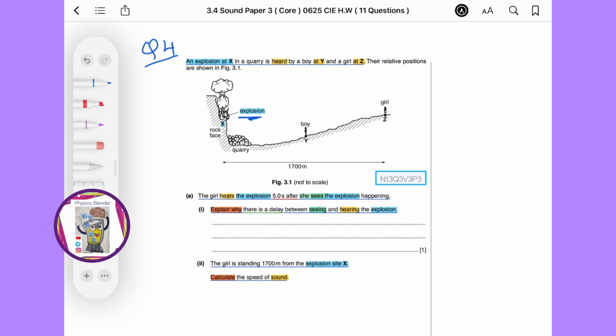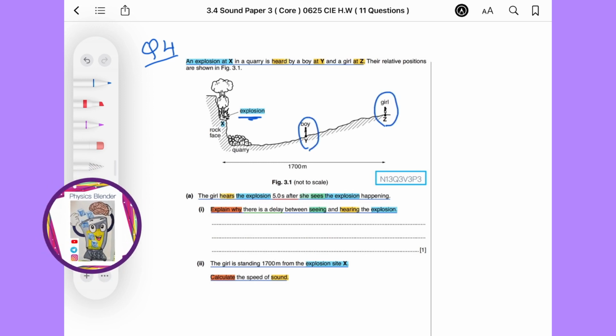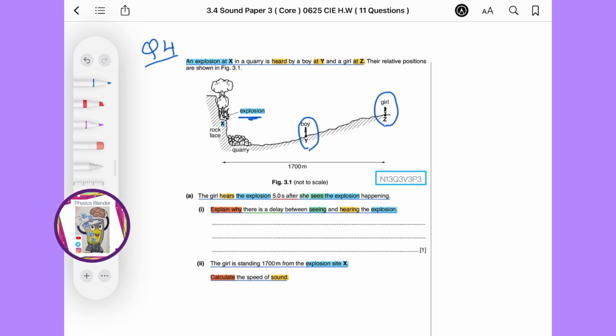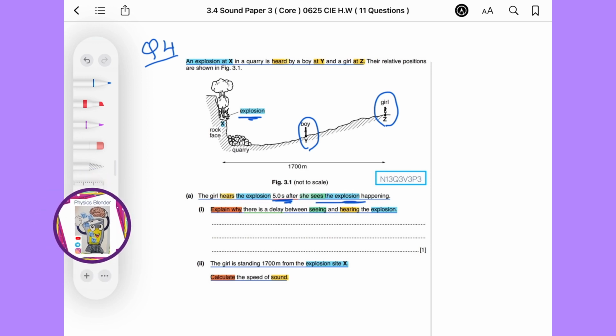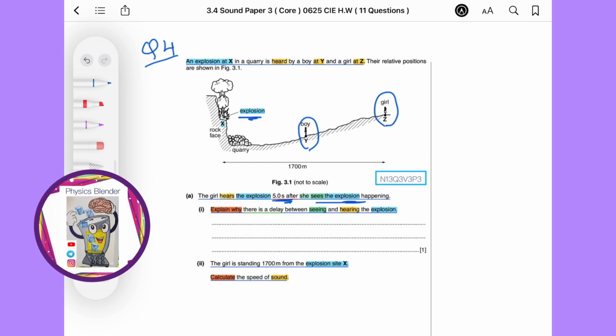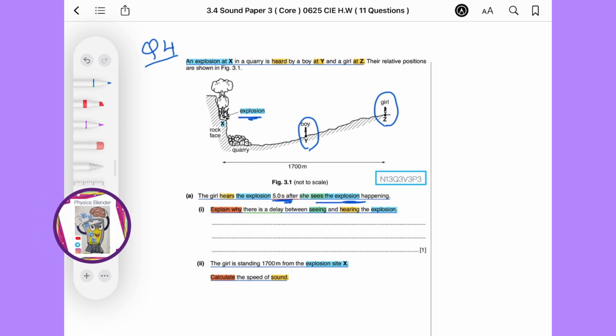We have here a girl and a boy. The girl hears the explosion 5 seconds after she sees the explosion happening. Explain why there is a time delay between seeing and hearing.